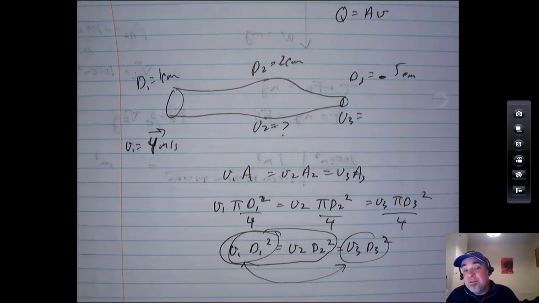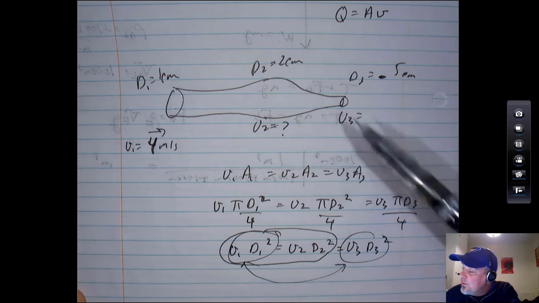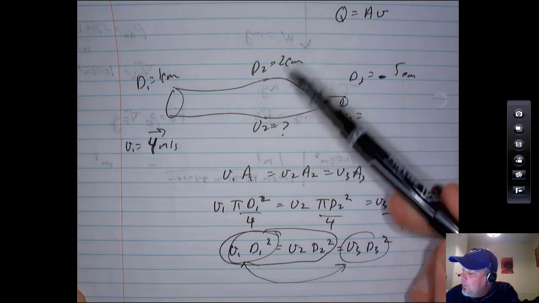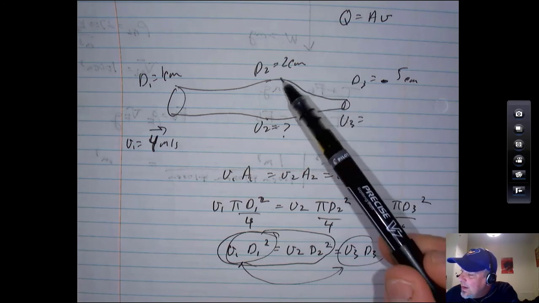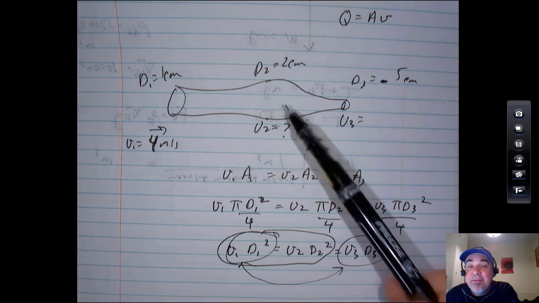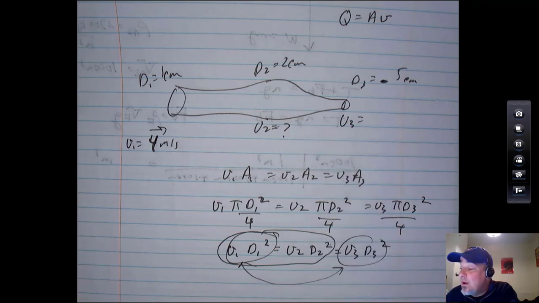Or if you want to look at it like this, this is squared and this is squared. So if this diameter is twice as big, because of the relationship between D1 and D2 that it's squared, the speed's got to be 1/4 as much for the equality to hold true.